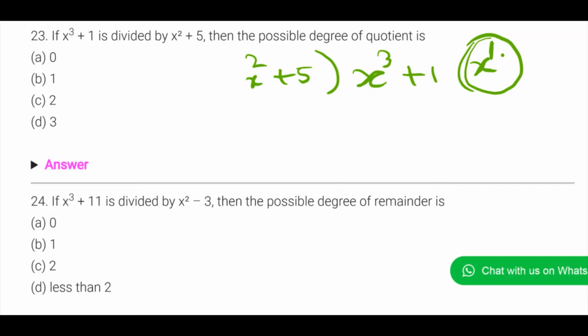So the degree is 1 here. The only possible degree is 1, which is the linear equation. So 1 is the answer.